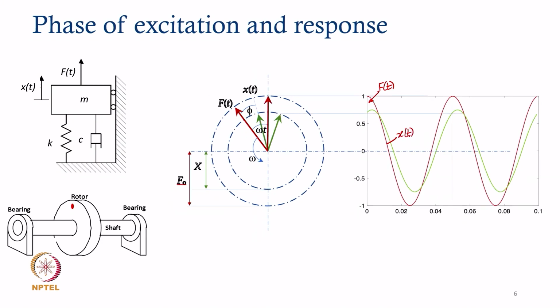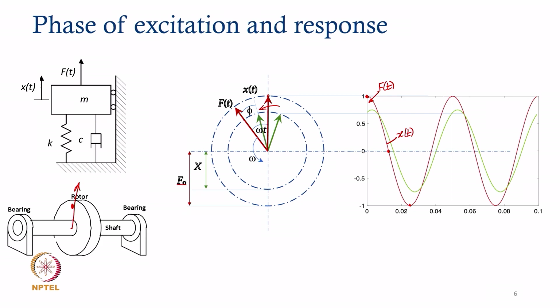You can see that as the force starts with the vertical orientation, it has a maximum value, and as it rotates, it reduces to 0 after a quarter of rotation of this vector, and then goes to the negative side, and then it continues in terms of time.